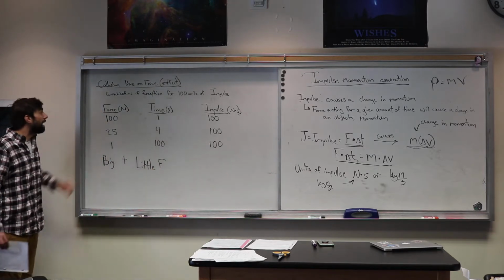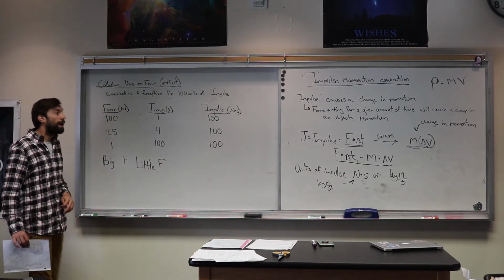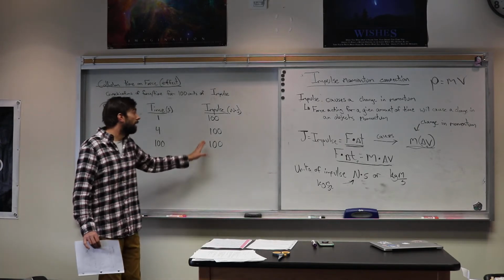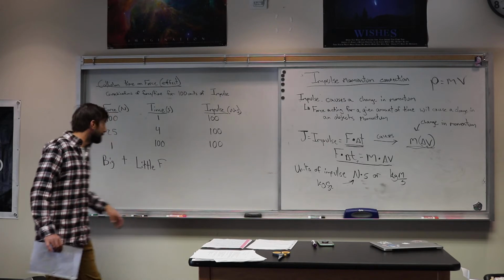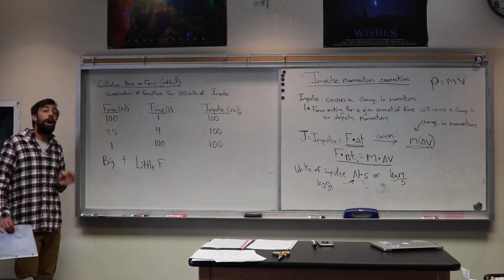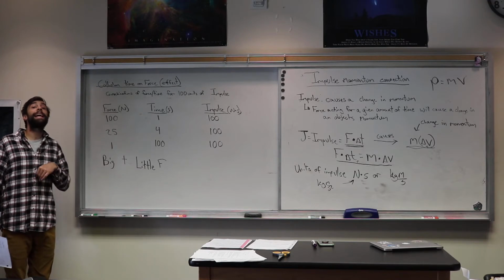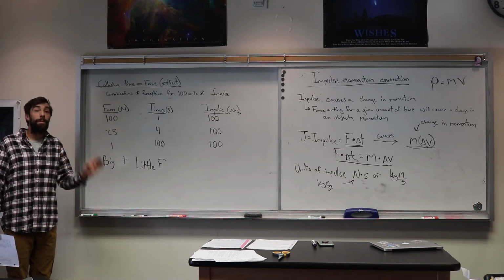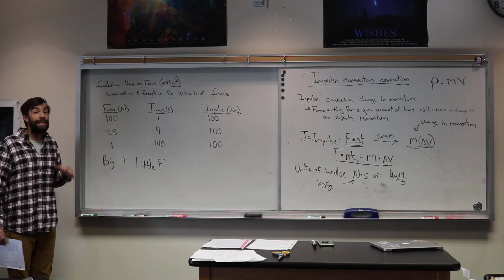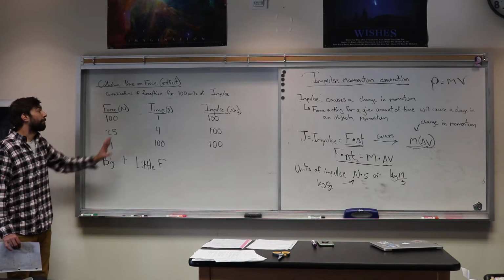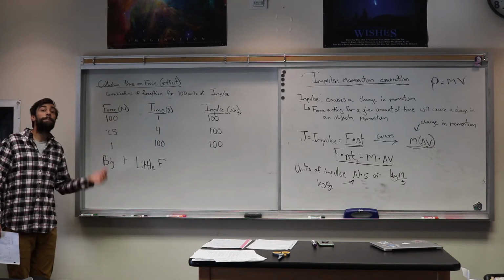And with a force of 1 newton, it would take 100 seconds to get an impulse of 100 newton seconds. The implication is that if we have a big time and the same amount of momentum change, we have a little force. If we have the same momentum change and a really short time, we'll have a big force.